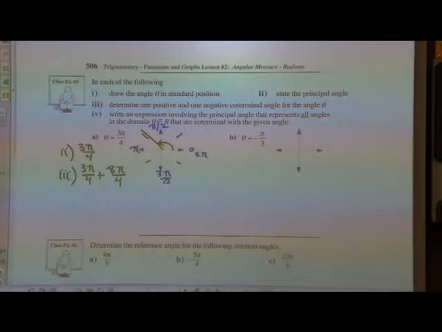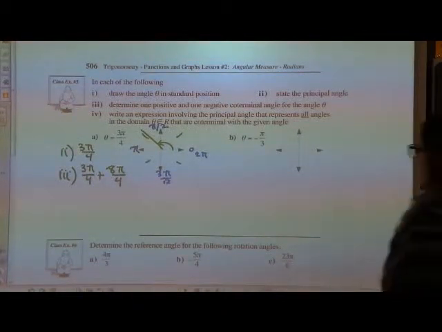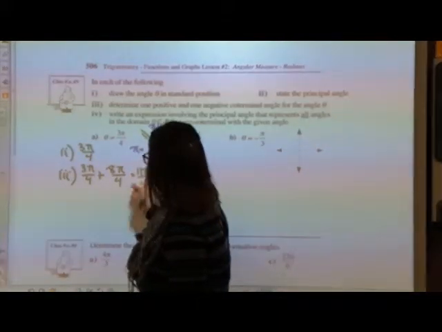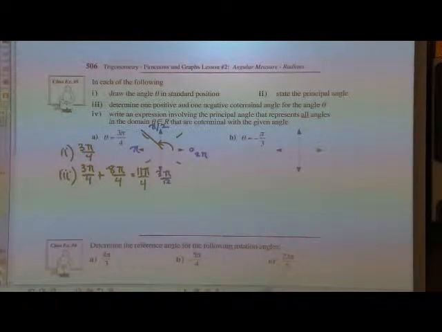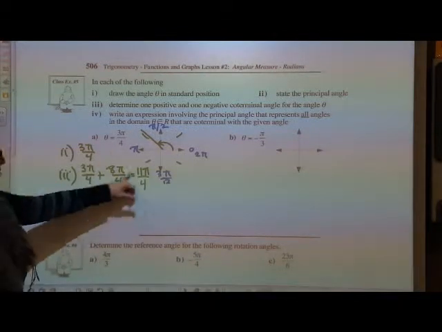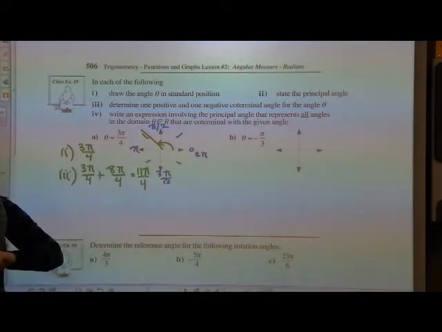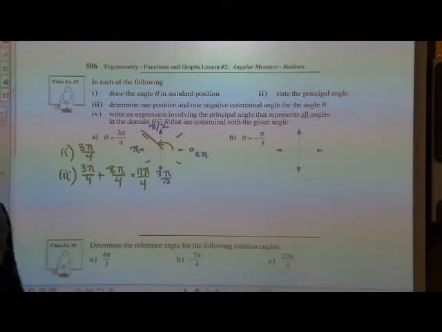So 3 pi plus 8 pi equals 11 pi over 4. So that's a positive coterminal angle. I could then add another 2 pi, so I could get 19 pi over 4 and just keep going on and on.